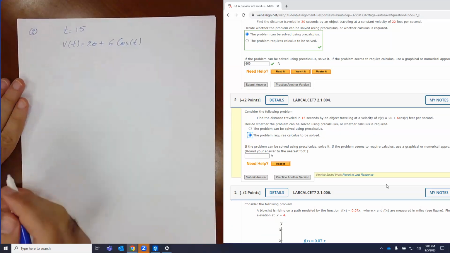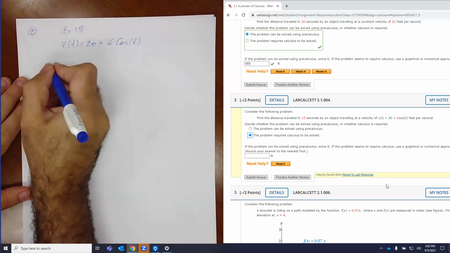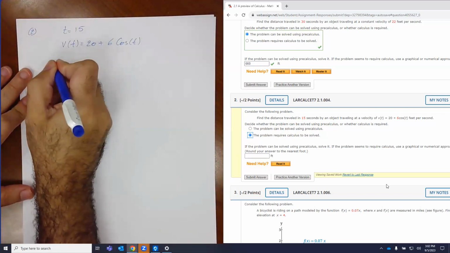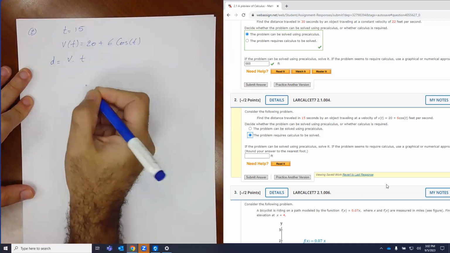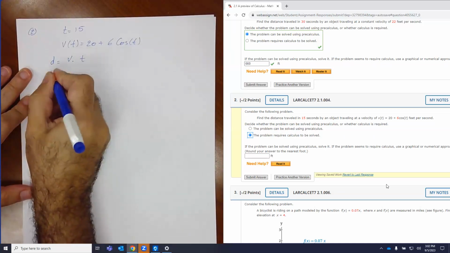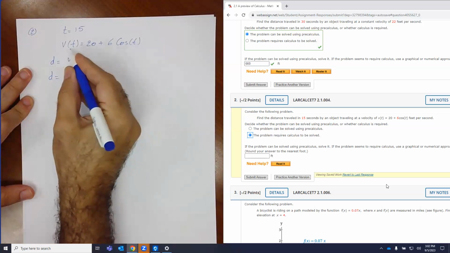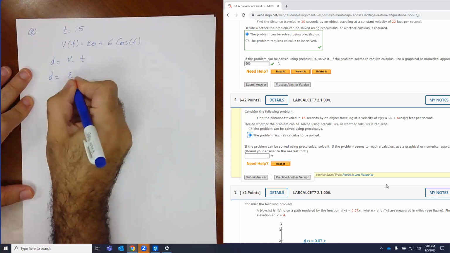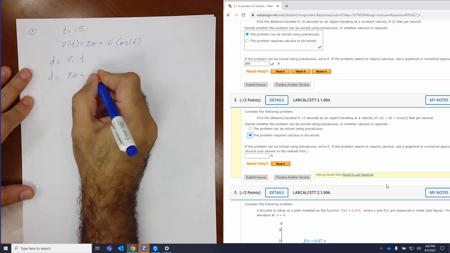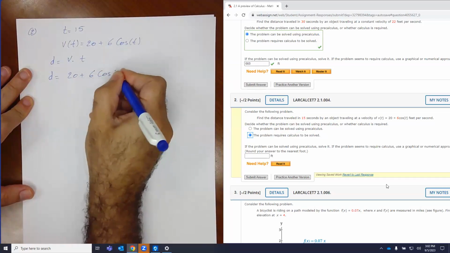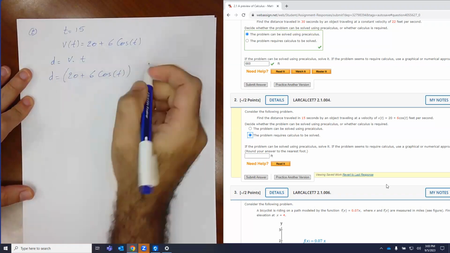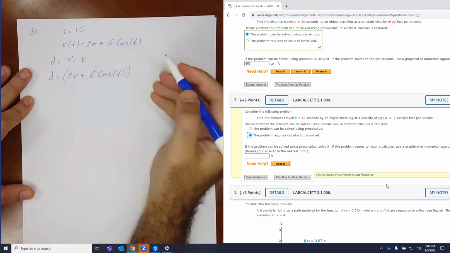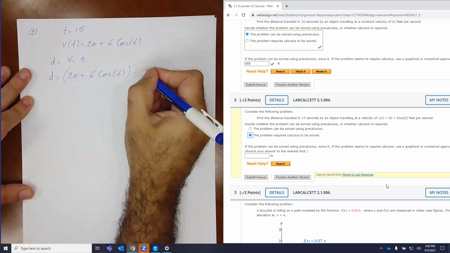I'm going to use the same formula, because I already know the distance equals velocity times t. So the distance equals the velocity, which is 20 plus 6 cosine t, the whole thing, times the time t.